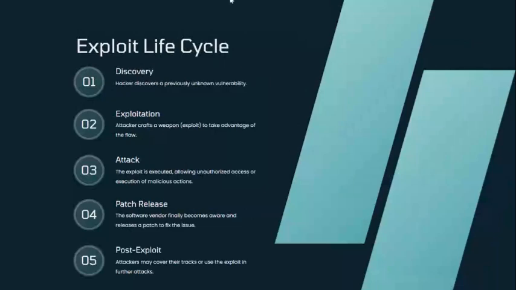Now let's talk about the life cycle of a 0 day exploit, and how the exploit unfolds. Starting from the discovery, an attacker will first find a vulnerability that no one knows about in a particular software, and then the attacker crafts a weapon, an exploit, to take advantage of the flaw.